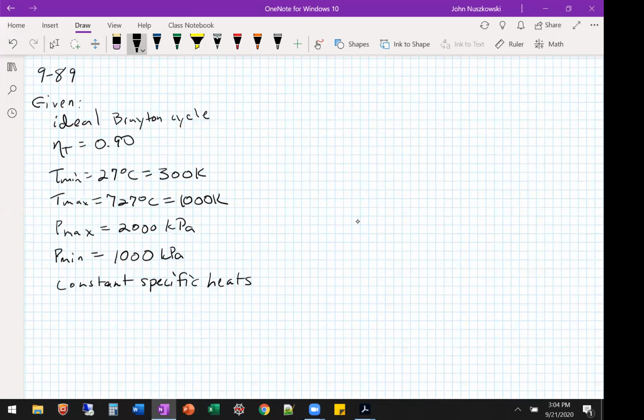Okay, I don't think I'm missing anything else. And they want us to find the net work produced per unit mass of air, so we have kilojoules per kilogram of air they're asking for, and then the thermal efficiency.